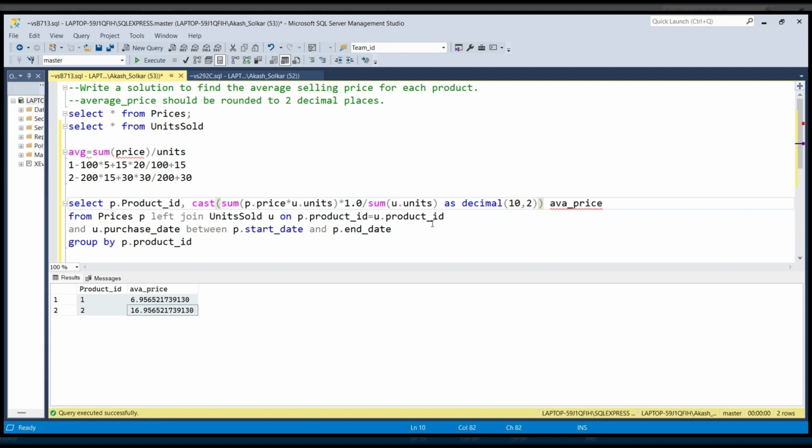I am running the query once again, and I am getting the values in two decimal format: product id 1 average price is 6.19, and product id 2 average price is 16.96.